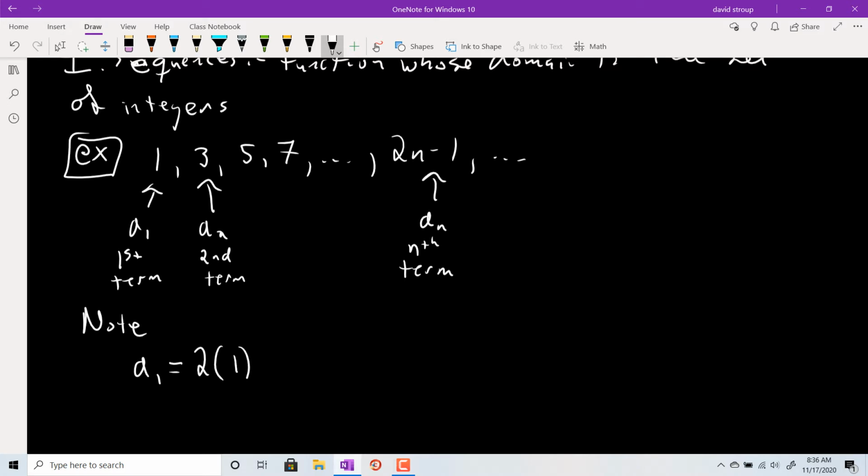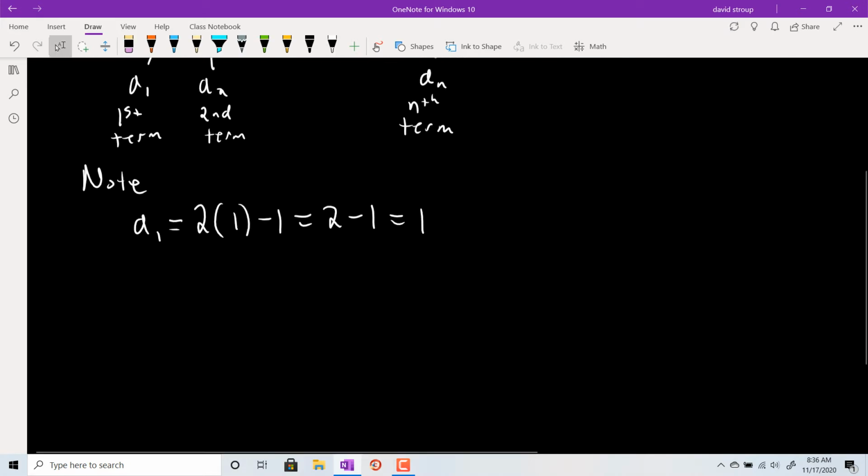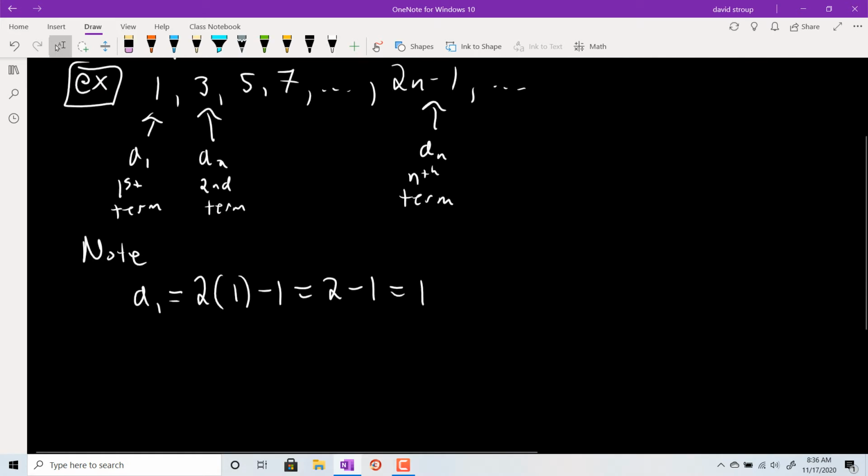So 2 times 1 minus 1 is 2 minus 1, which is 1. This a sub 1 notation is basically just functional notation. You could write a of 1, and then it would be 2 times 1 minus 1. But for whatever reasons in the history of mathematics, we've settled on this a sub 1 notation.